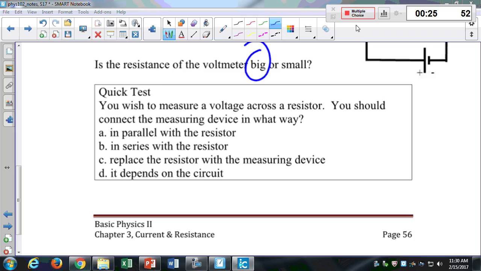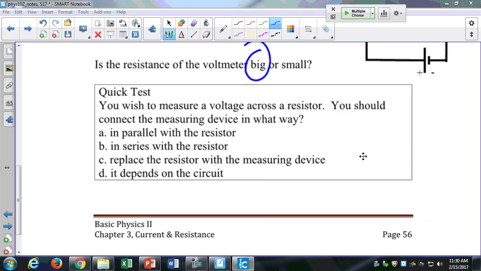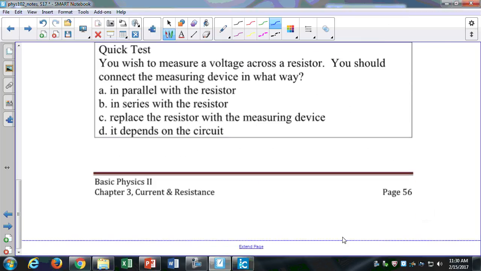All right, I'm going to stop at 30 seconds. 30, I'll go to 33. All right, awesome. A is right. In parallel with the resistor. Let's look at the next one.